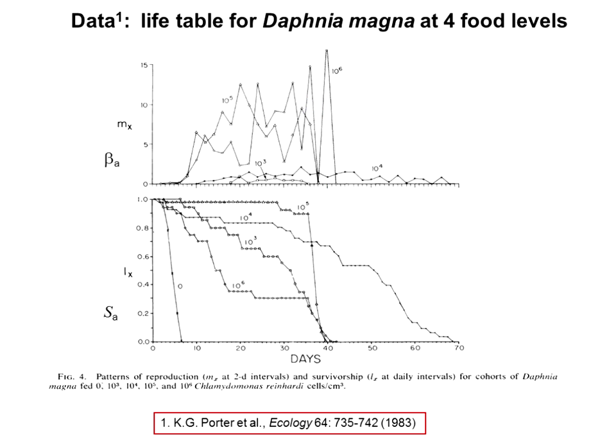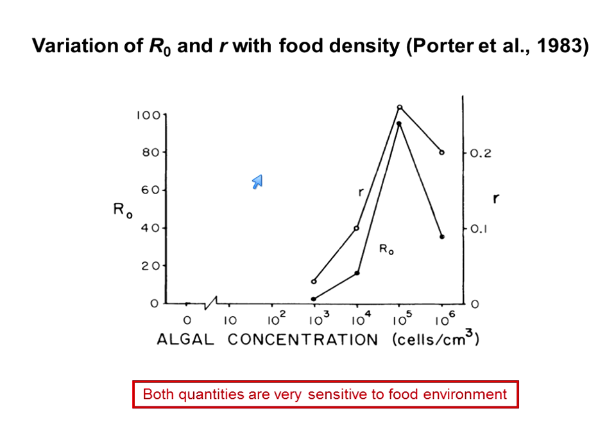I've put that up to illustrate an important property, which is that both the quantities R0 and little r, which after all are really just two ways of expressing the same property, vary very strongly with food availability. The Daphnia in the picture subsist on microalgae.